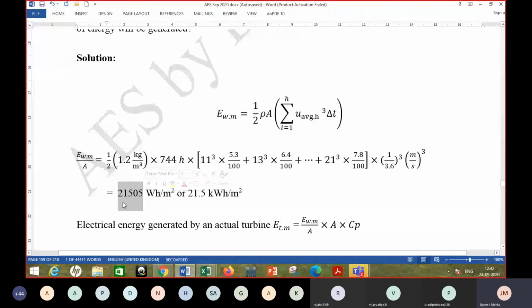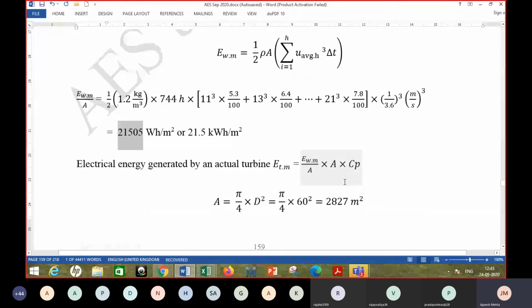Okay, please do the calculation on your own and check whether this number is correct or not. If you are not able to do it now, you can do it later and come back to me. You can post a message to me, saying whether you get the same number or your number is different from this. So it is 21.5 kilowatt hour per meter square.